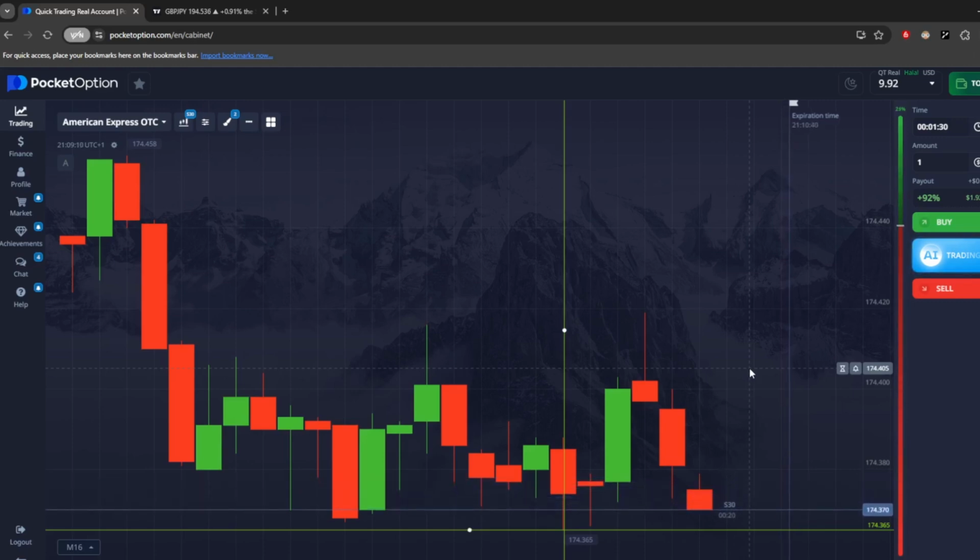So if this last candle closes bearish, I will move my horizontal line to the new range low. But the new range low is almost similar to the previous range low. So what I'm looking for now is that a new range low has been formed.